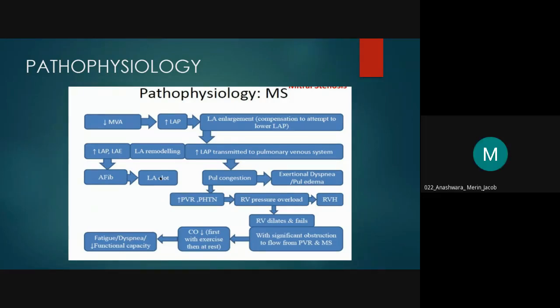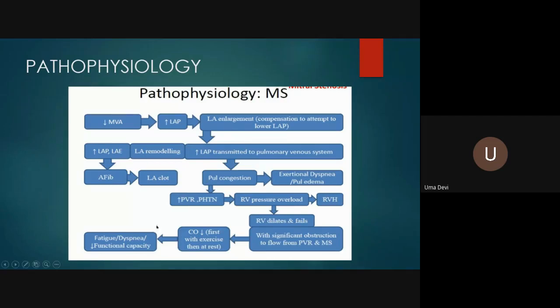About 300 to 600 is the rate in atrial fibrillation. In flutter, it is 200 to 300. So you can imagine, it is more like electrical activity, but the mechanical activity is very minimal. So what happens is there is a stasis of blood, and hence an LA clot occurs.